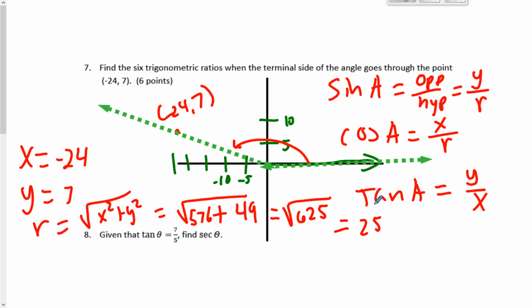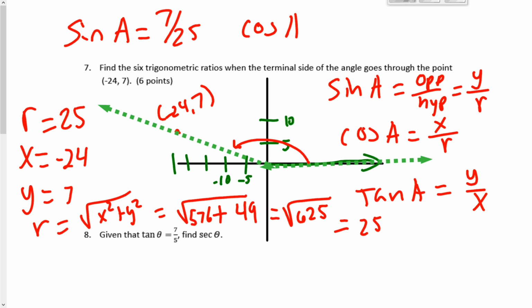So now we have our x, y, and r. And so now we can go ahead and do our trig functions. So sine of A is equal to y over r, so that'd be 7 over 25.